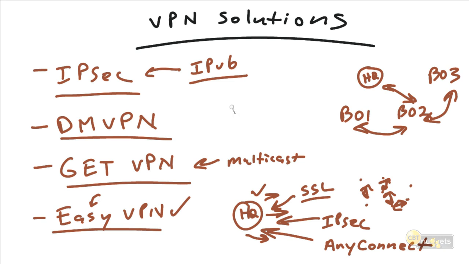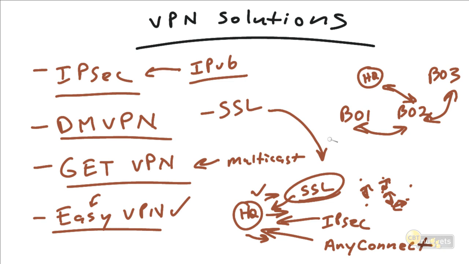So, one of the types of VPNs that they support is an SSL VPN. I just mentioned it down here. And this is a nice alternative where the user has just a web browser. And that's all they need to do basic VPN data acquisition from headquarters.